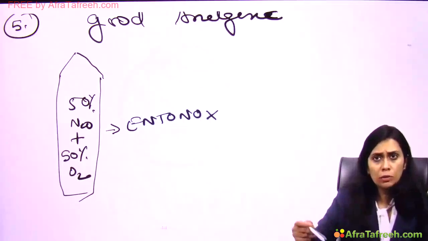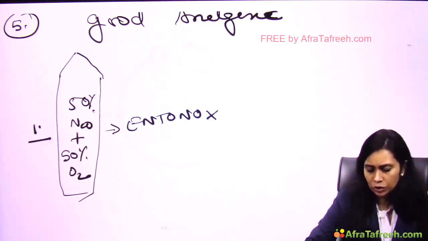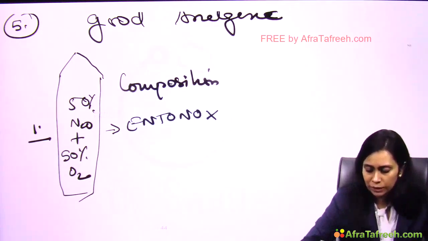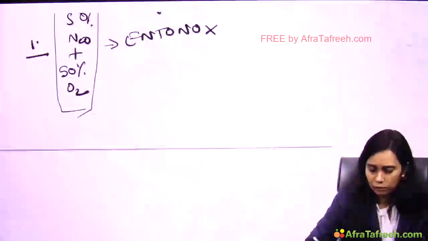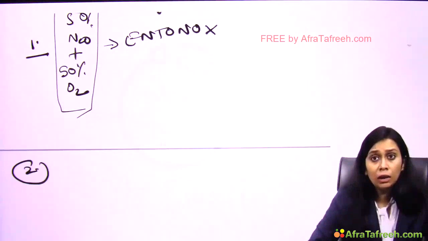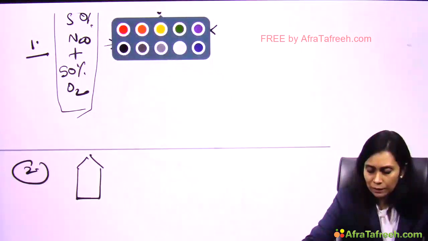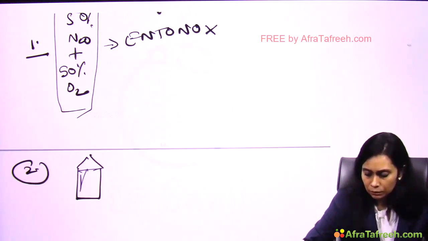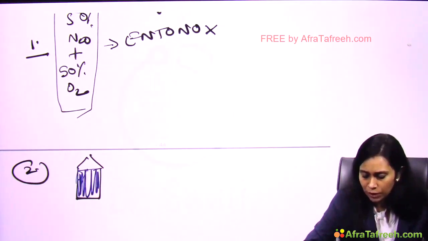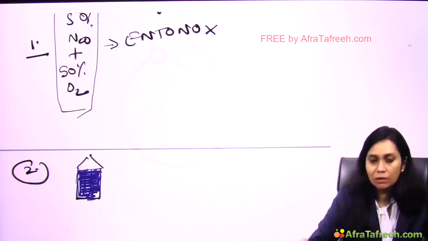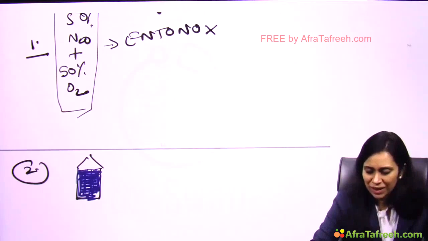So, Entonox, 4 points we have to know about it. Composition, which we have already written. Second, we have to know what is the color coding of the Entonox cylinder. This Entonox cylinder has a blue body and white shoulder, right? The body is blue, the shoulder white, a bit lighter shade of blue.